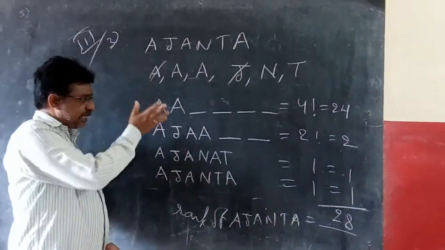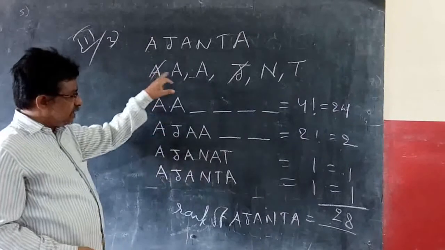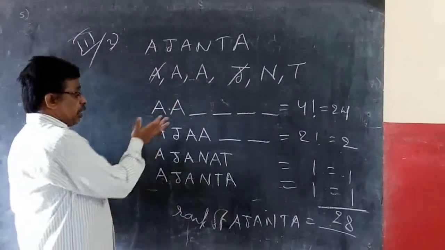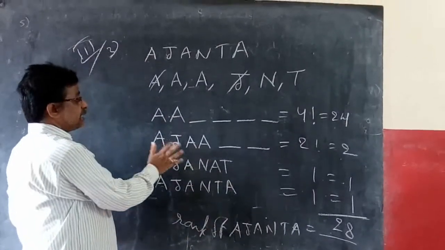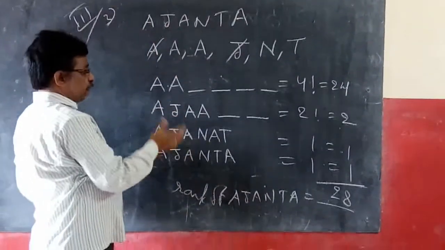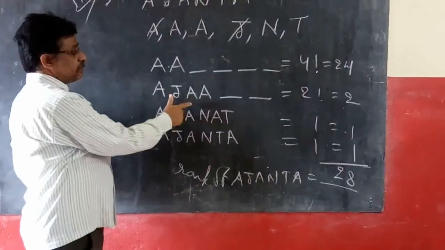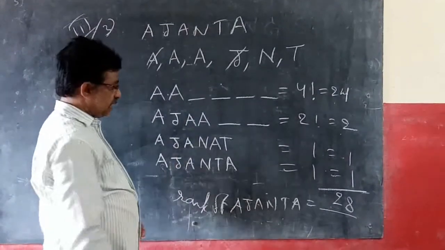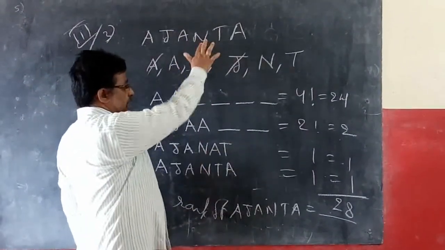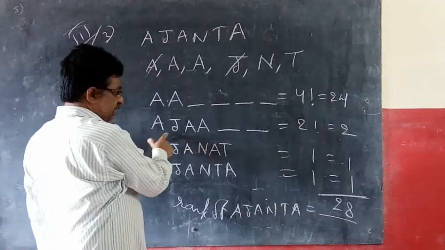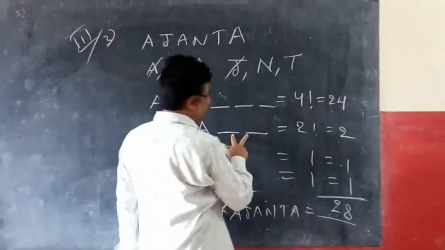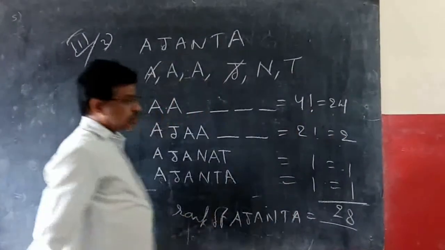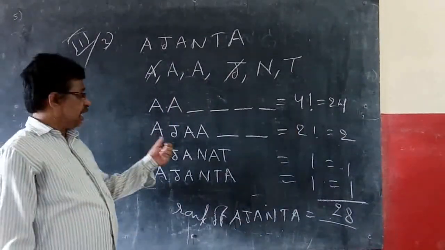Now, for the next letters, we need AJ only. After AJ, in dictionary order A will come, so AJA. After A you will find A only in the dictionary, but we don't want A. We want N. So the remaining 2 places can be filled with the remaining 2 letters, 2 factorial, so 2 words are formed.